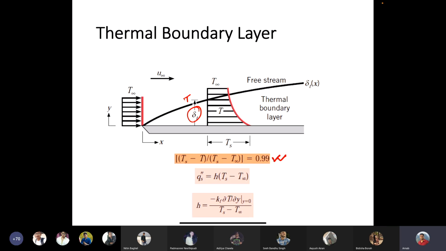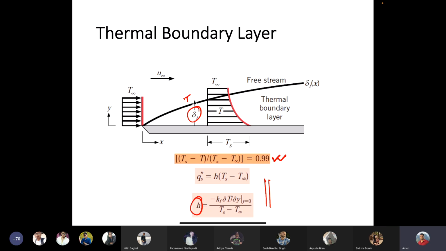And then we spent a lot of time understanding how conduction happens at that very minimum thickness, just adjacent to the wall in the boundary layer, and how we approximately can equate that with Newton's law of cooling, and that provides us the value of h, which is the convective heat transfer coefficient, which we need to calculate.